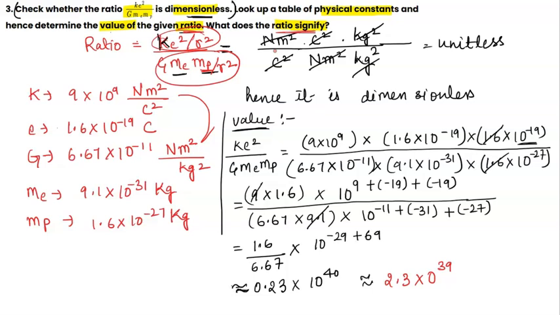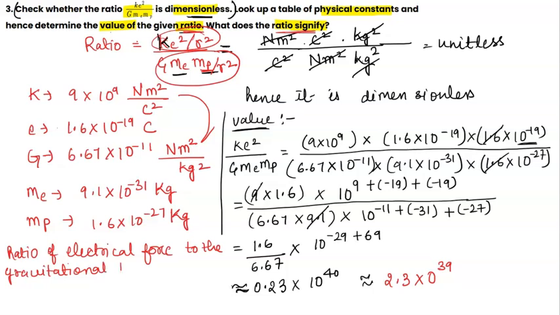So the given ratio is the ratio of the electrical force to the gravitational force between the electron and proton.